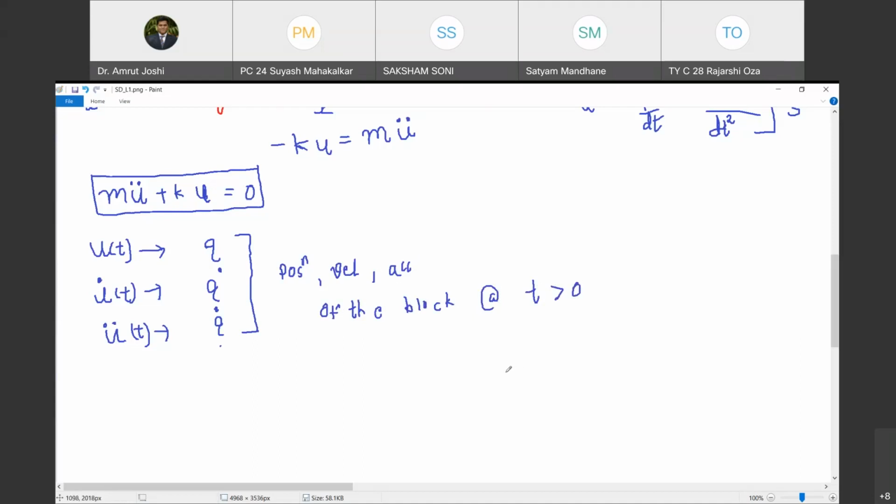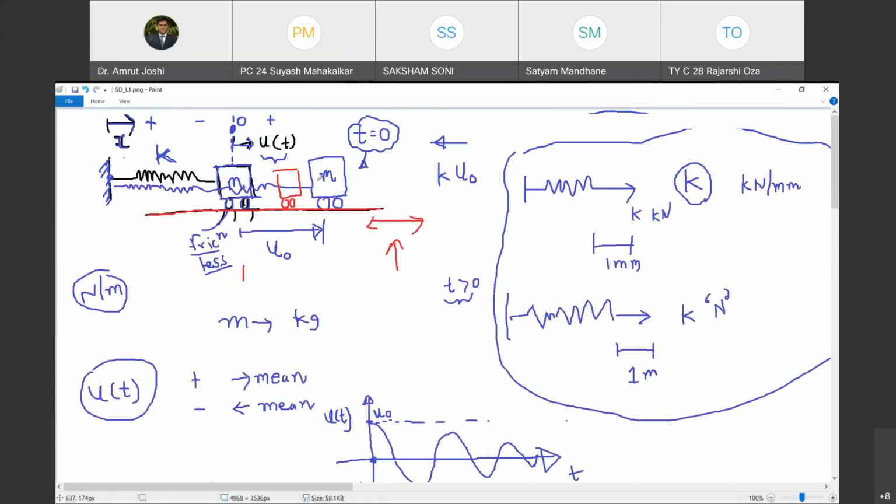Why are we interested in finding out position, velocity, and acceleration of the block? So let me give you a simile. Let us say this block represents a building. Are you with me? Yes, sir. And this building has been displaced by an amount U0 due to some dynamic load like wind or earthquake. Are you with me?